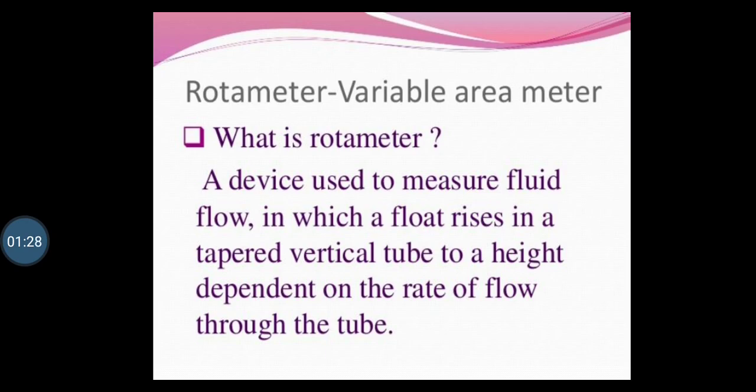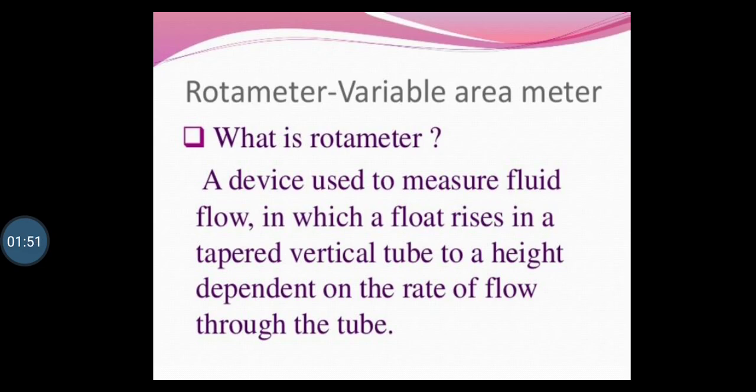So it is a device used to measure fluid flow in which a float rises in a tapered vertical tube to a height dependent on the rate of flow through the tube. Okay, what is float, tapered glass tube? All these we will see one by one.